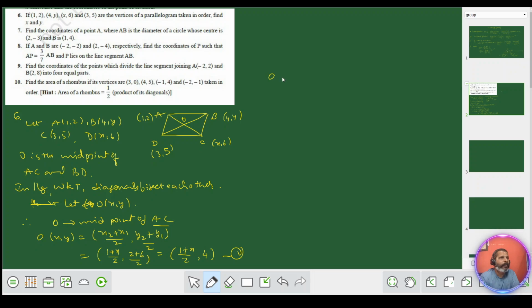Again we'll say O is the midpoint of BD, and we apply the midpoint formula for BD.